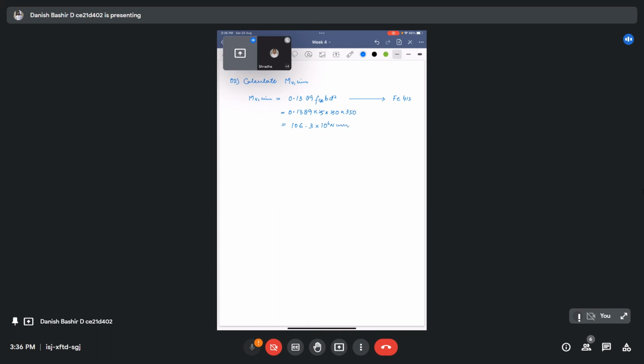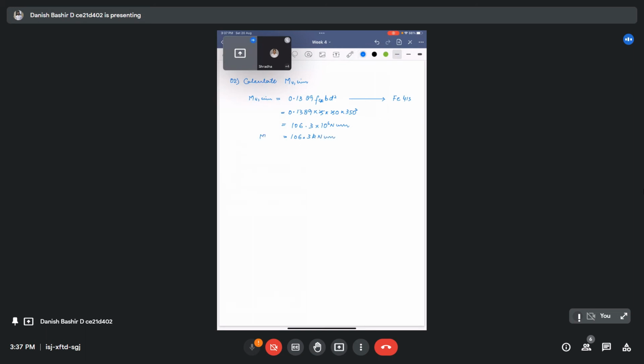Here FCK is 25 megapascal, that is Newton per mm square. These mm square cancel, and this is mm cube, so square cancels, and there remains Newton mm. The converting factor is 10 power 6 Newton mm converts to 1 kilonewton meter. So this is 106.3 kilonewton meter.